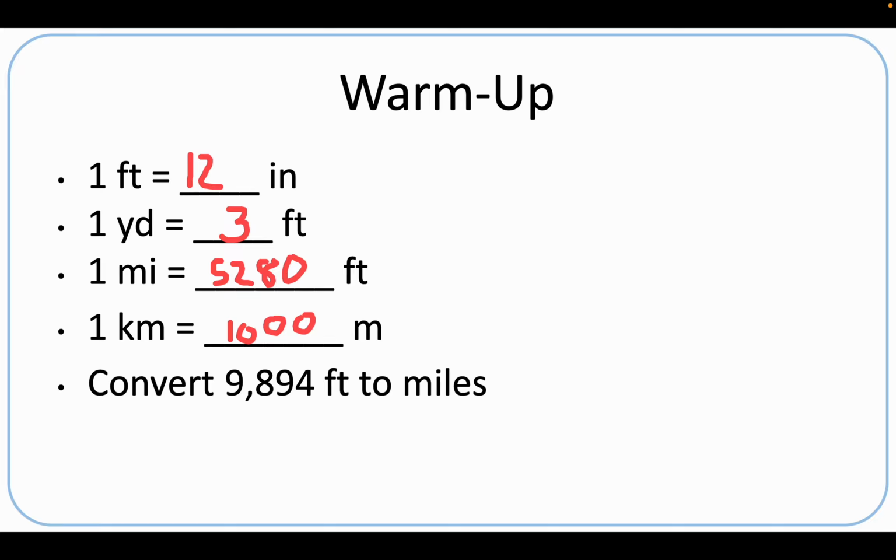9,894 feet to miles. So remember how to do these conversions. We are going to write out how many feet we have, and we're going to use a unit conversion to cancel out those feet, and we go ahead and use this conversion that we just reviewed. 5,280 feet is equal to 1 mile.